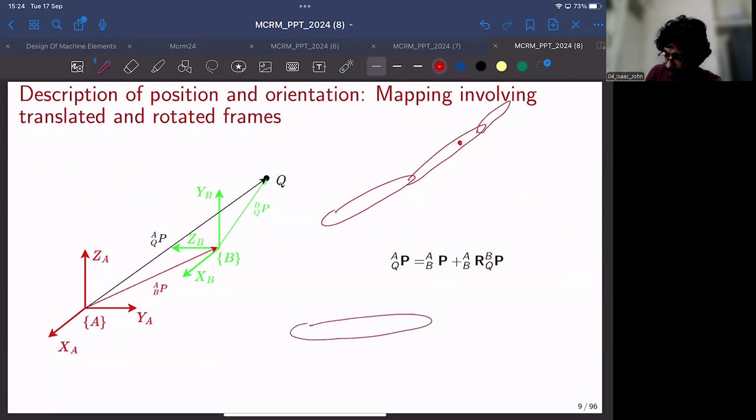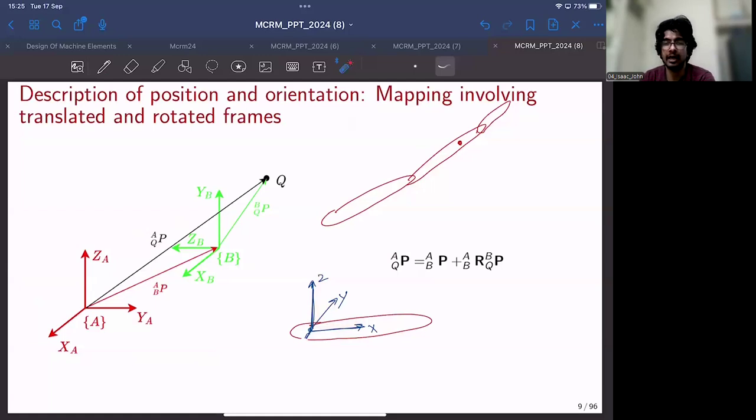A rigid body like this can be represented by a frame of reference that is rigidly attached to this rigid body. For example, X, Y, or Z, whatever be the case. Because the position of this rigid body can be described by the position of the frame of reference, and the orientation of the rigid body can also be defined by the orientation of the three axes of the rigid body.